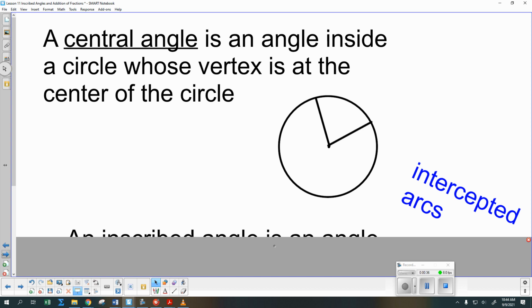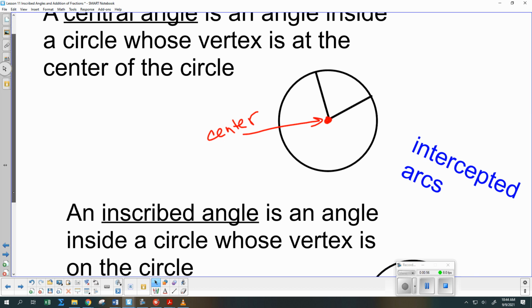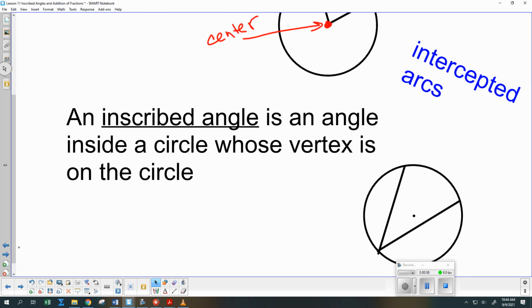There are two that we care about. Central angles have a vertex at the center of the circle. And inscribed angles have their vertex on the circle.